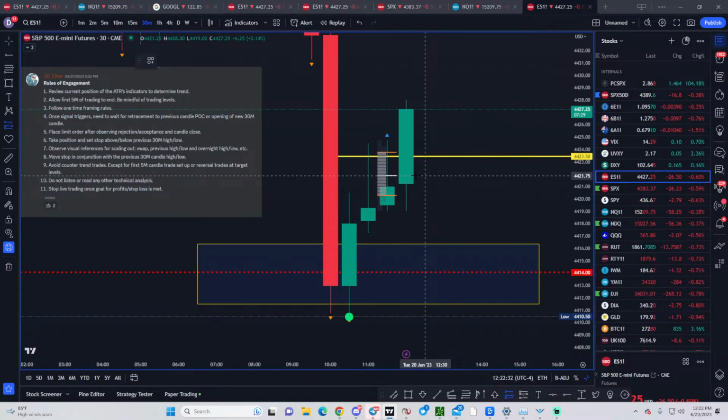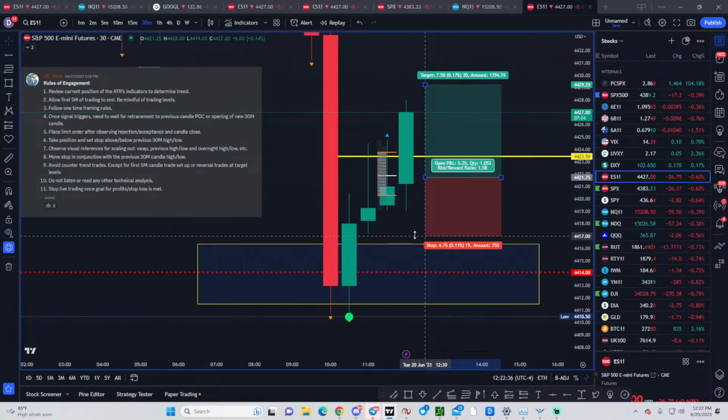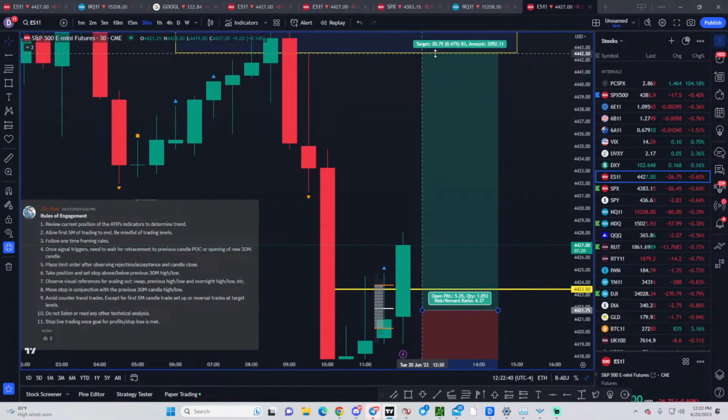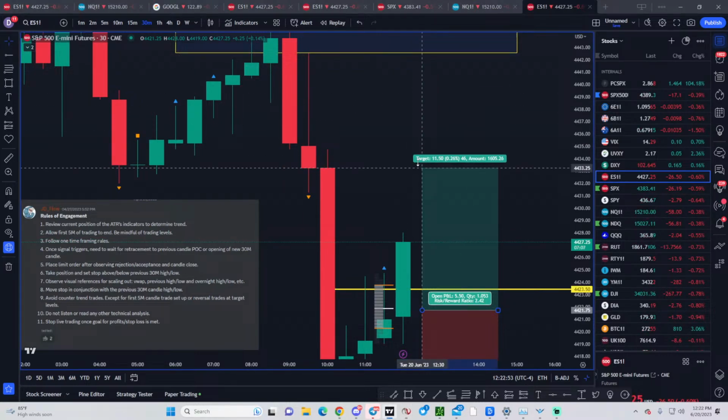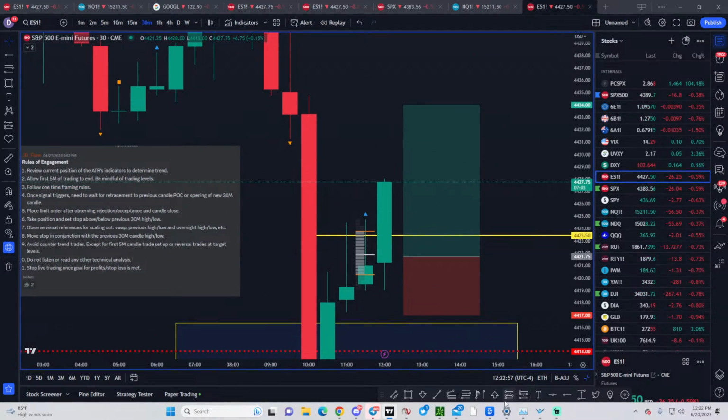POC, stop loss below this candle, and looking for this candle right here, which is our pivot zone. Obviously, we've got all the targets in between, 34 and 45. So we should be looking for 34 first, and we should be looking for 45 second.